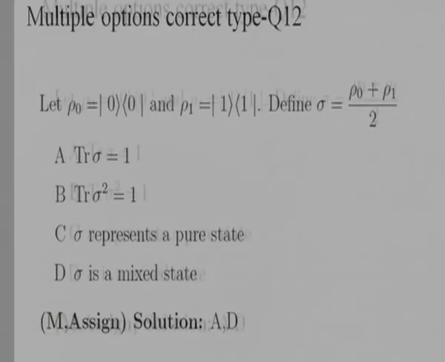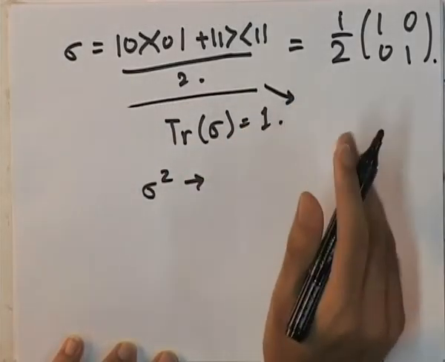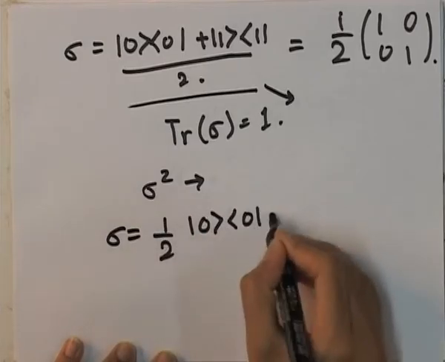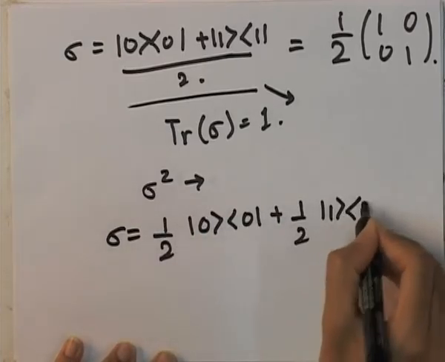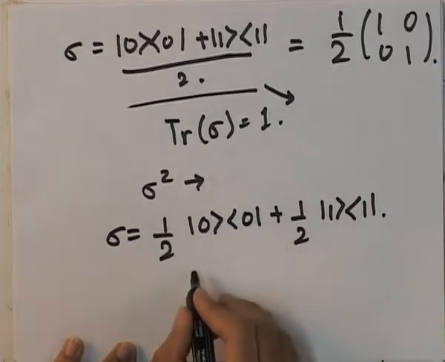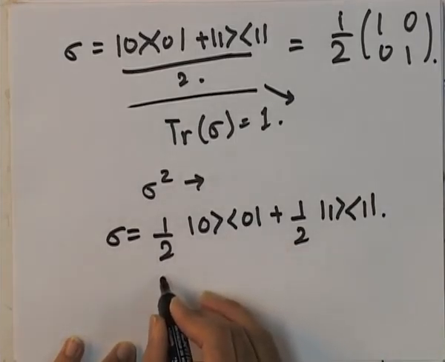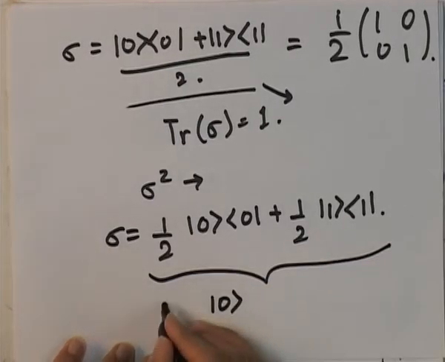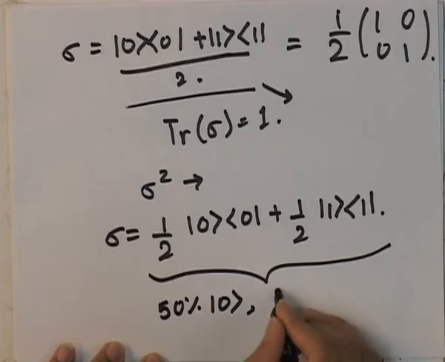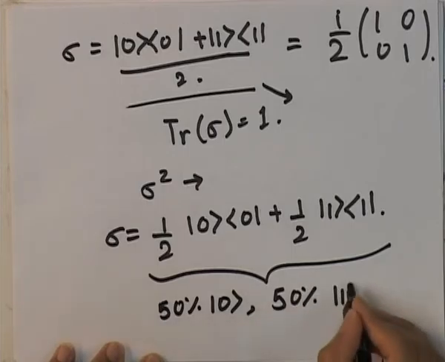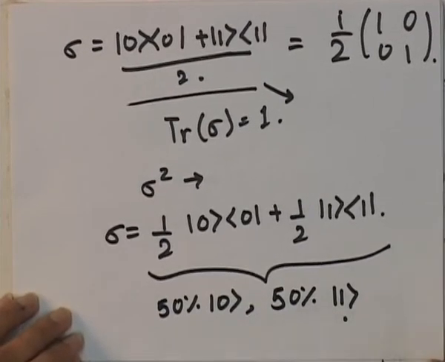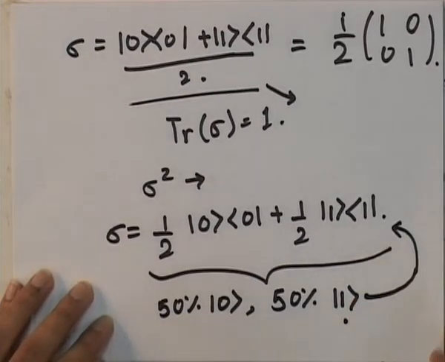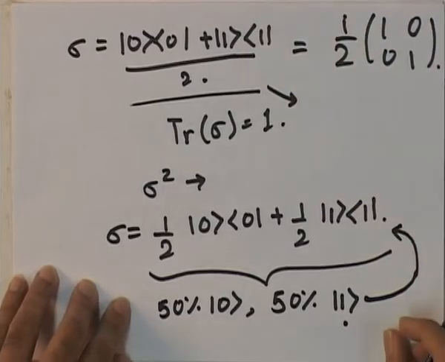But in this case, we can easily see that this should correspond to a mixed state, because we can write rho as 1 by 2 times |0><0| plus 1 by 2 times |1><1|. This corresponds to a mixture where 50% of the ensemble is in state 0 and 50% of the ensemble is in state 1. So just by looking at this equation, we can guess that it corresponds to a mixed state.